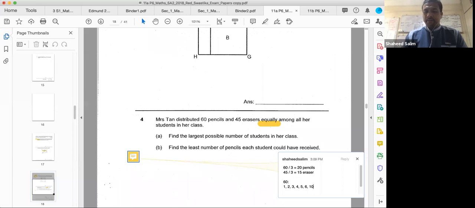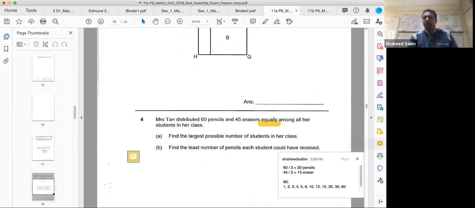Then the next one, 12 times 5. So 6 times 10, 12 times 5, 4 times 15, then 3 times 20, then 2 times 30, 1 times 60. These are all the numbers.